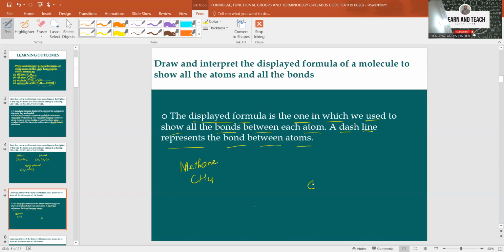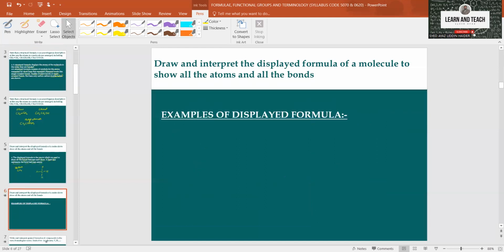And we have 4 hydrogen atoms bonded to this. One, two, three, 4. You see the dash line? These dash lines represent the bond between each atoms.